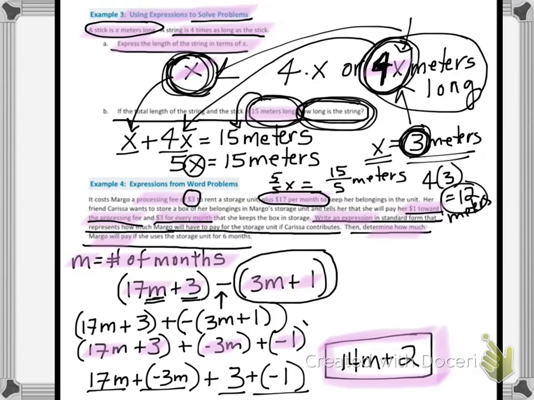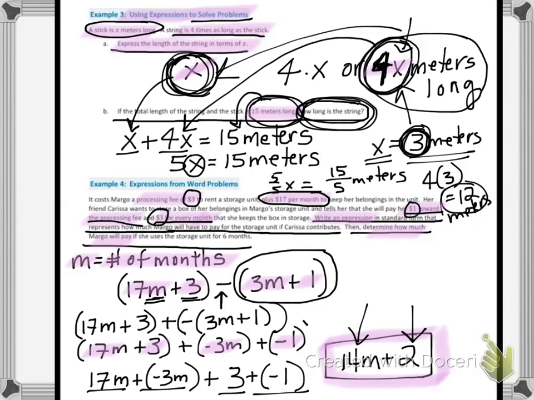Because of that original $17 a month, she's only paying 14, because Carissa has agreed to pay 3 of those dollars. And the original processing fee of $3 is down to 2 because Carissa has agreed to pay $1 for that processing fee. Okay, so that's step 1.